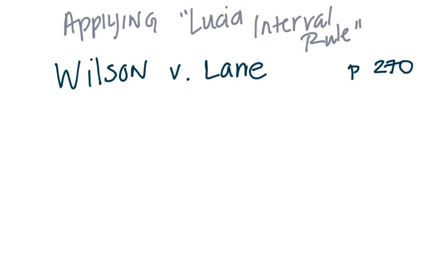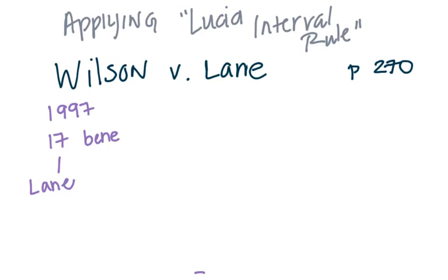Greer executed a will in 1997, and in that will, Greer left his property to 17 beneficiaries, one of whom was Lane. The other 16 were family members. Greer also appointed Lane as executor of the will.